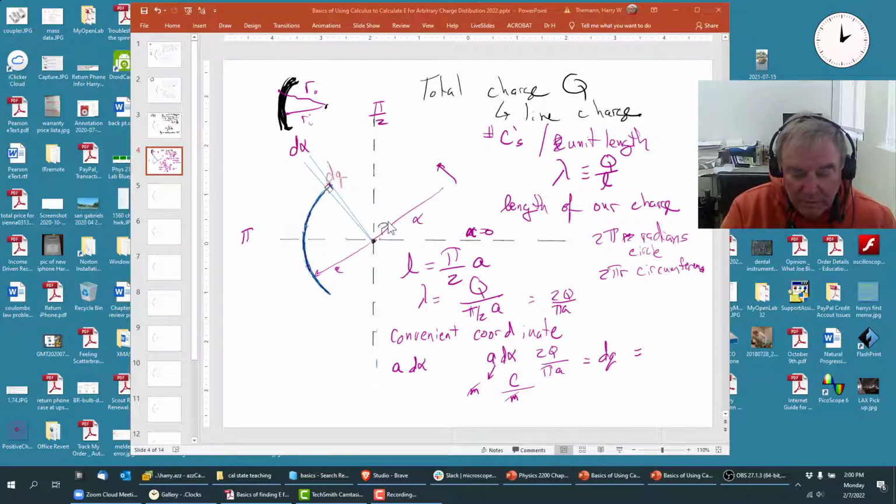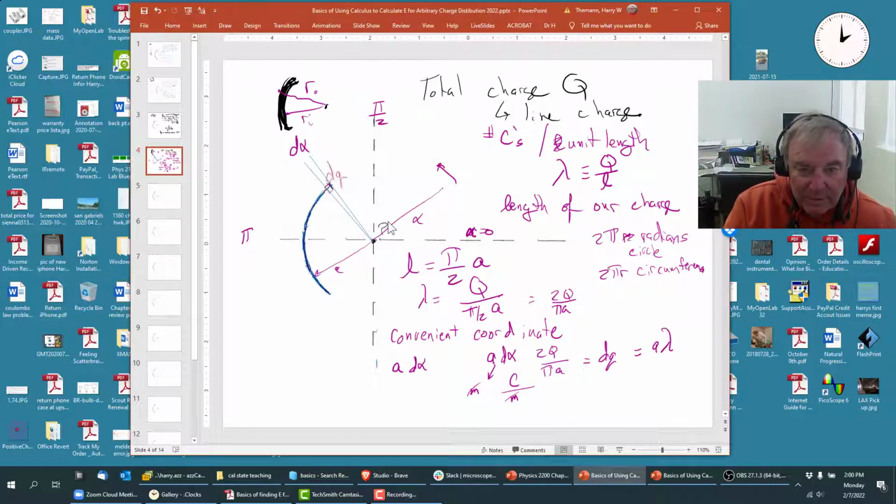And so at the end of the day, we're going to have A lambda d alpha. So it's much easier to write. I was a little worried about that, but at the end of the day, the A's will cancel at some point, but we still have to keep the A right there.